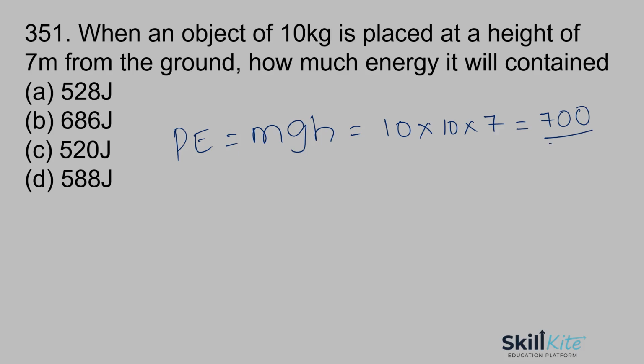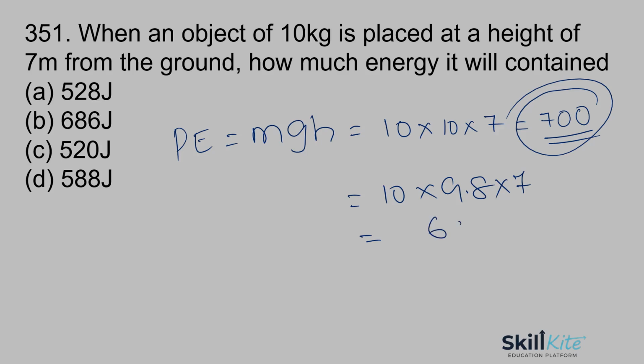It is around 700, but options are not there, so we'll take 9.8 into 7. So it is around 686 joules. The option is there, option B is the right answer.